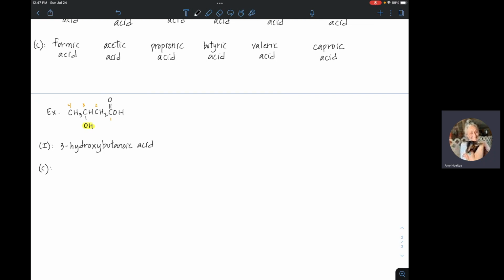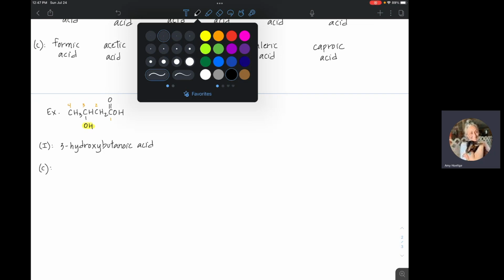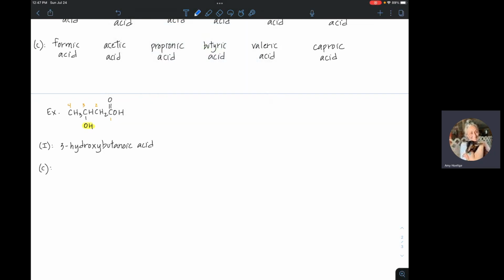Common nomenclature, and I'll use a different color here. This is always going to be carbon number 1, so that's just where you start from. It doesn't have a little Greek letter because we're not using any number to indicate that you're on the carbonyl carbon. We're naming this after the carboxylic acid, so it's implied. But this carbon over here is our alpha carbon. People are usually pretty okay with the numbers.